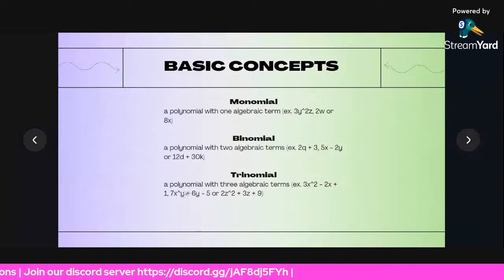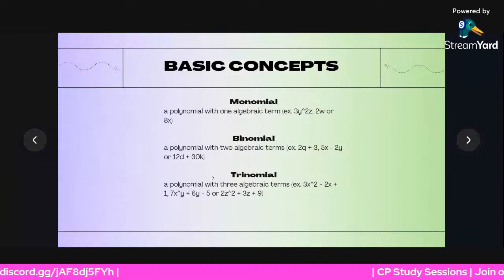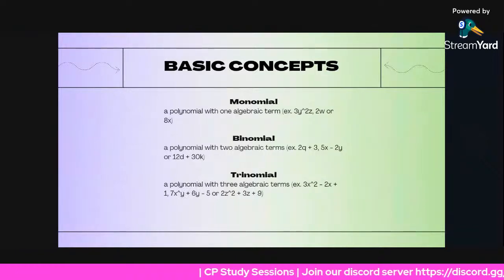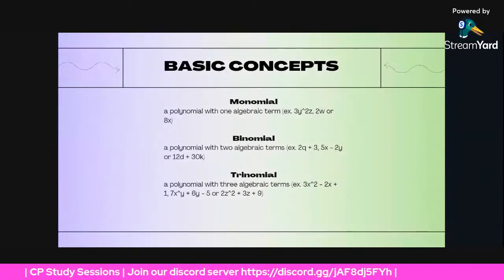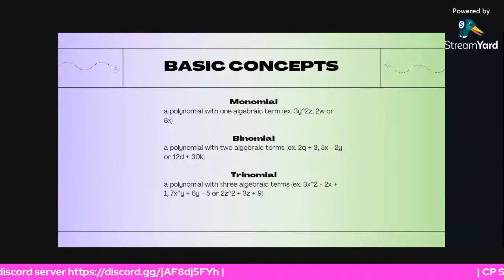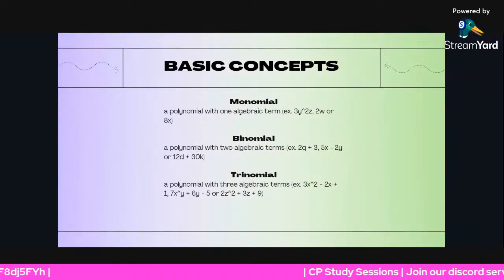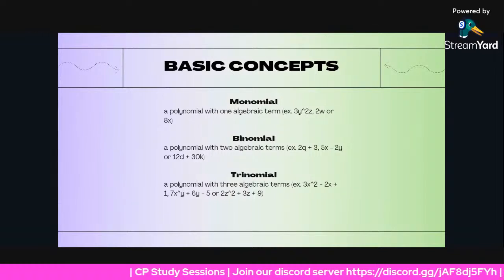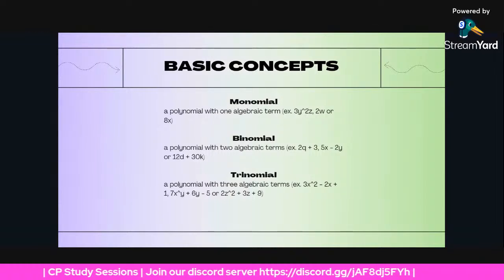Pagpalagay na lang natin na yung exponent niya is 2. 7x squared y plus 6y minus 5, or 2z squared plus 3z plus 9. So, mapapansin nyo, usually sa trinomial, ang format niya is for quadratic equations. Kasi ang pinakamataas na exponent ng variable niya is 2.